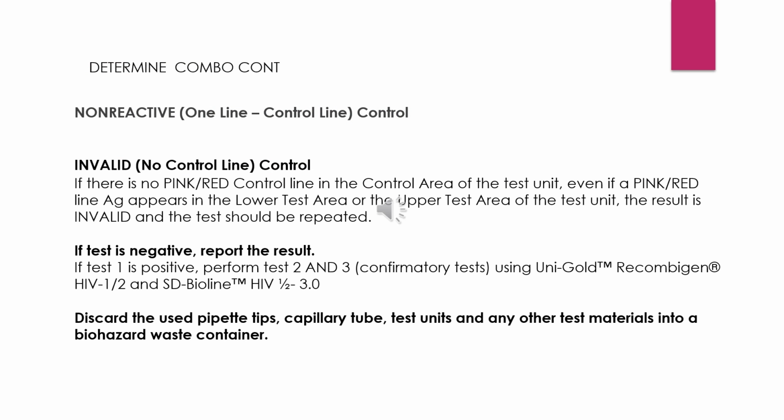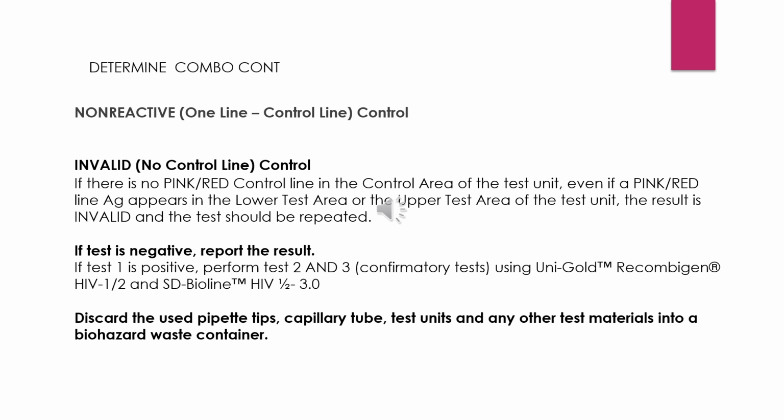If only the control line is coming, that is a single line on both the sides of the cassette, it means that the test is valid and it is a negative test. However, the test will become invalid if the control line is not seen on any of the sites, and if the test is negative, that report can be issued immediately.